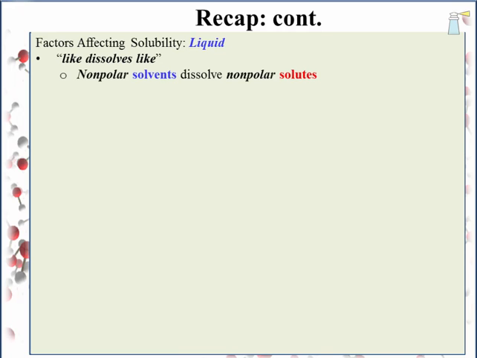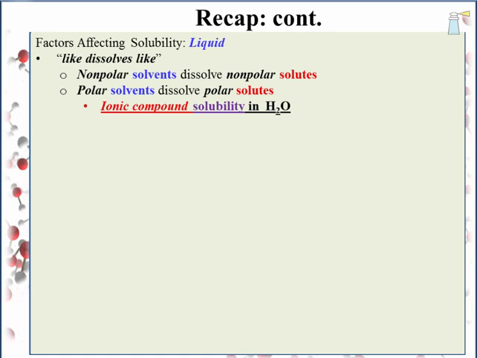Continuing on to the second part of the lecture, factors affecting solubility in a liquid. We concentrated on 3 of them. The first was the popular refrain, likes dissolve like. That is, nonpolar solvents are good at dissolving nonpolar solutes, and polar solvents are good at dissolving polar solutes. Charged particles dissolve in polar solvents, and we saw a couple trends for the solubility of ionic compounds in water.